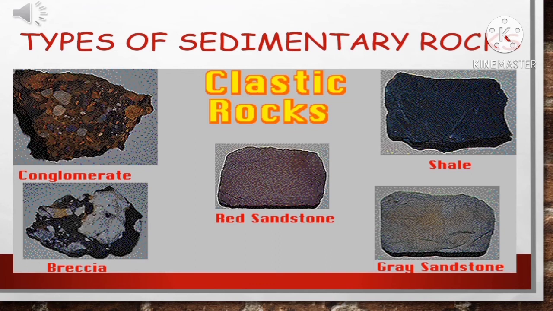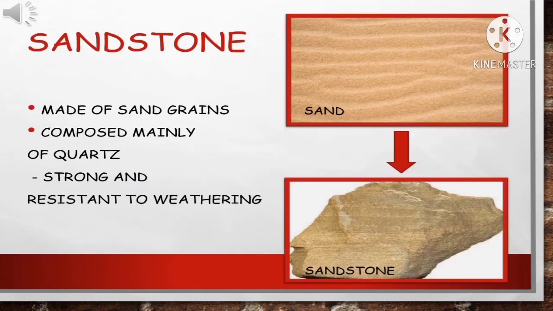Let's now move on to the types of sedimentary rocks. As you can see on the image, several examples of rocks were presented, such as the conglomerate, breccia, red sandstone, shale, and gray sandstone, under the type clastic rocks. So let us study sandstone.